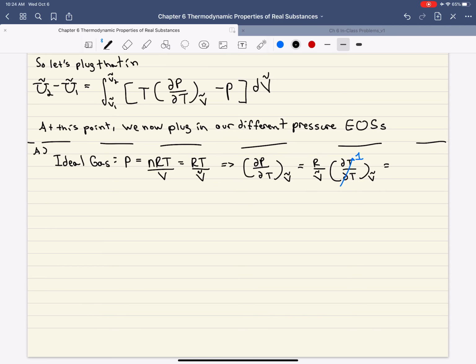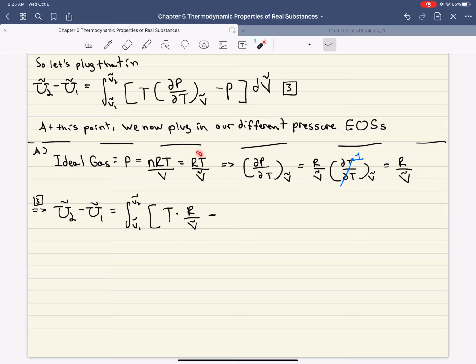And so we find that dP over dT at constant V is just R over V. Alright, so now that we have the result, let's go back to what I'll call equation 3 and just plug that in. So then we have T times our partial derivative from the ideal gas law, which ended up being R over V, and we're going to subtract off of that the pressure.